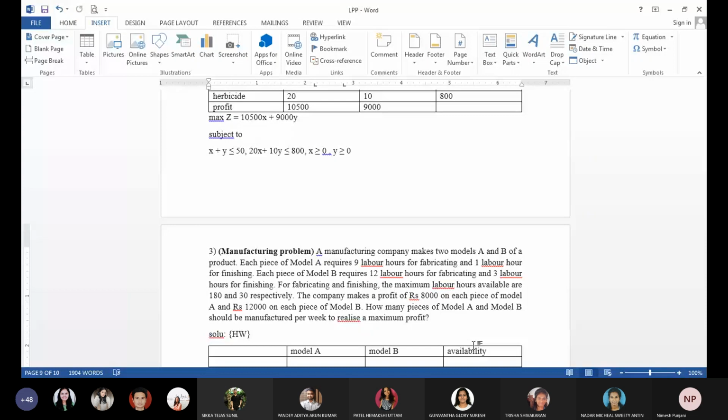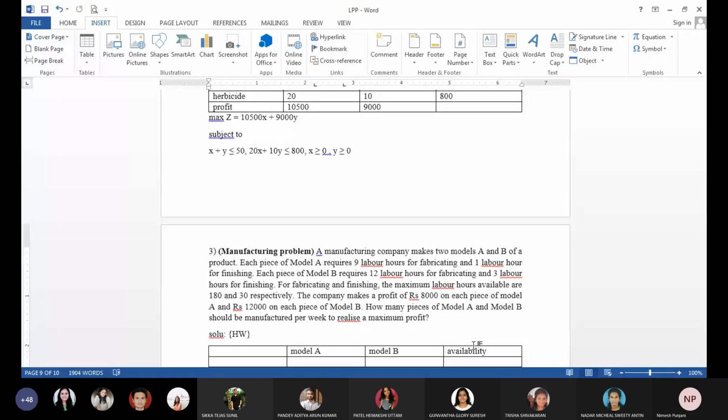कितना आवर्स उसको फैब्रिकेटिंग के लिए लगता है, कितना आवर्स उसको फिनिशिंग के लिए लगता है. Each piece of model B requires 12 labor hours for fabricating, 3 labor hours for finishing. So this information is related to model B. For fabricating and finishing, the maximum labor hours available are 180 and 30 respectively.